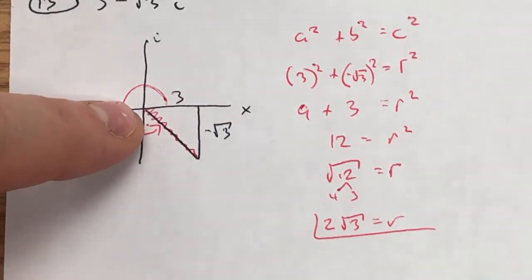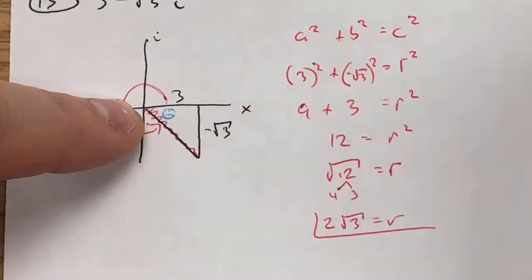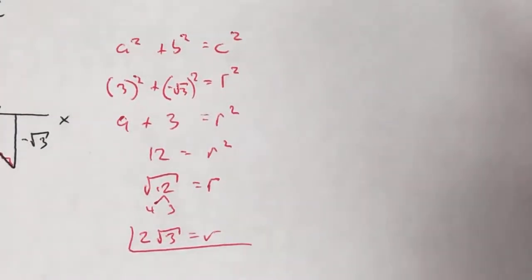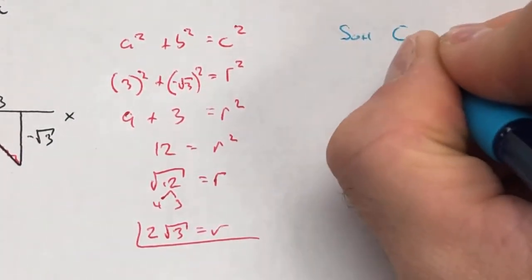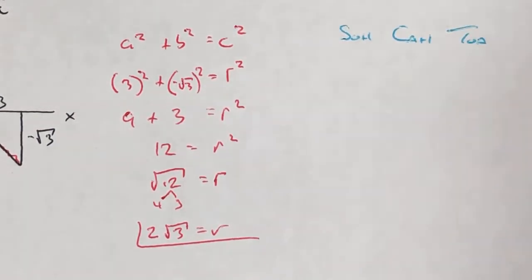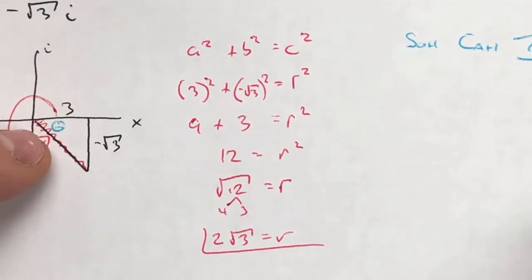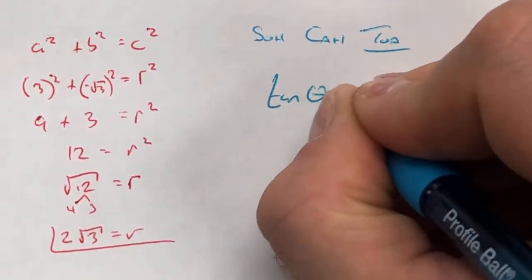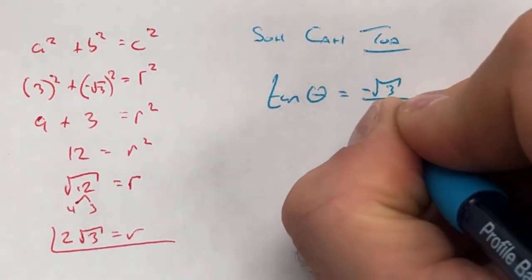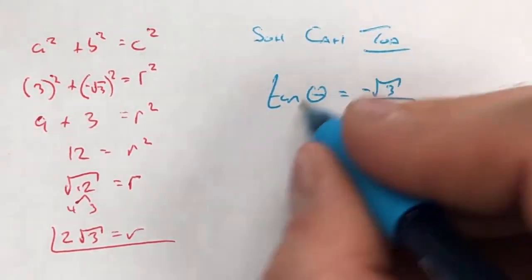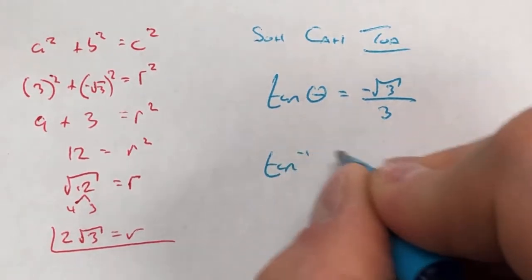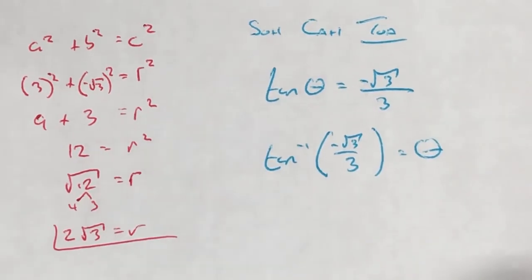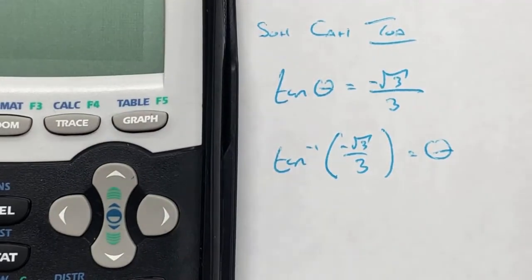The second thing I want to figure out is what angle produces this. And so I'm going to use this as a secondary angle. My angle deals with opposite and adjacent, which we know. So, SOH CAH TOA, dealing with the tangent right here. Okay, opposite over adjacent, which means that my inverse tangent of negative root 3 over 3 is going to give me my angle measure. Let's see what that will produce.